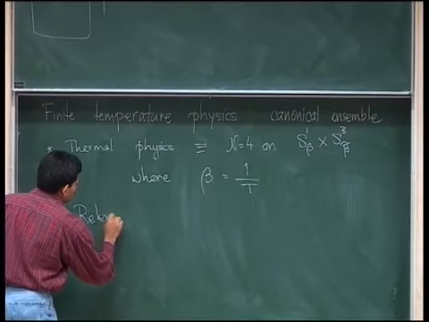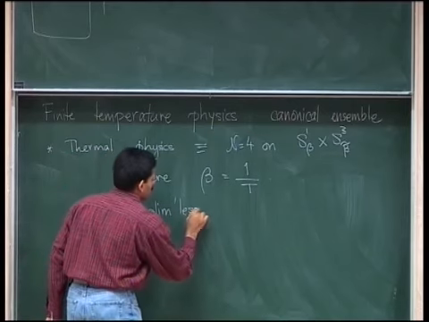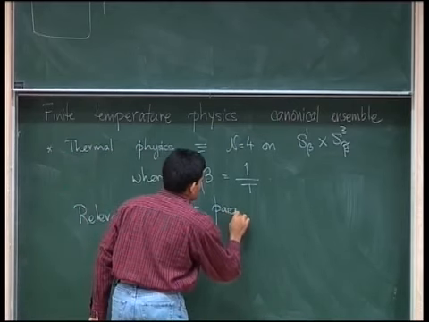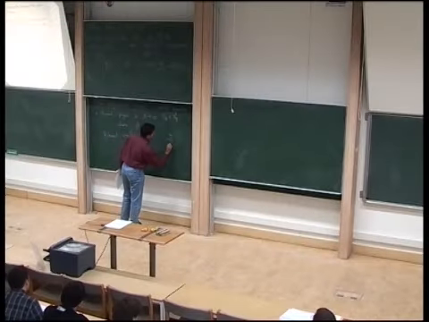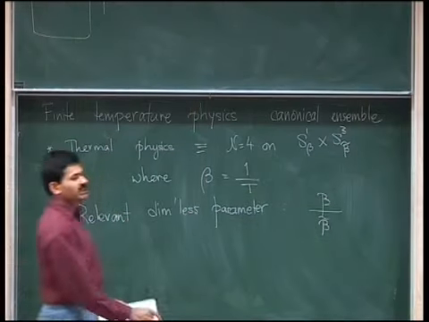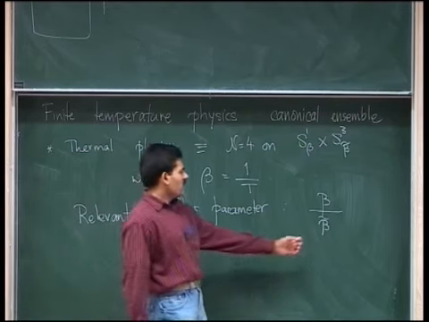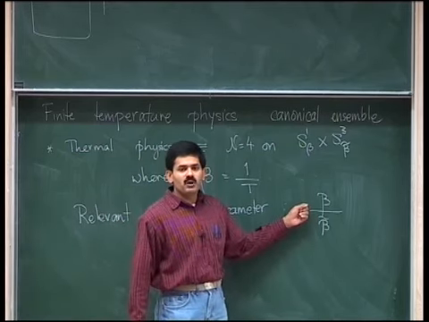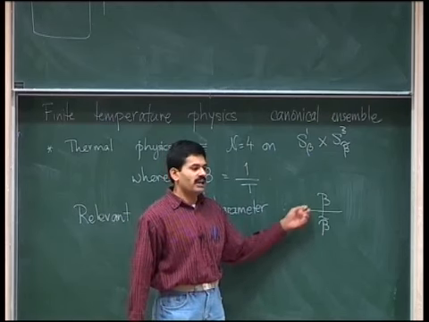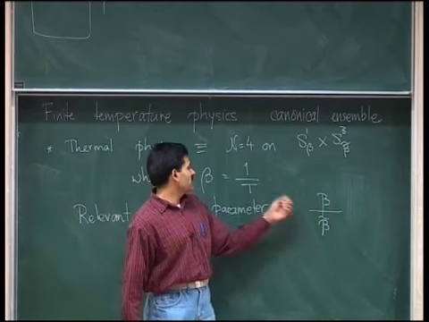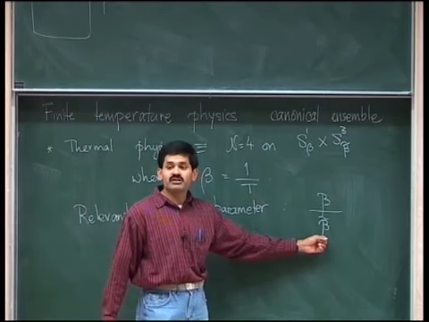So the relevant dimensionless parameter I can tune is a ratio of scales, beta over beta tilde. Now clearly small beta is the same as large beta tilde. I could either take small beta, i.e. high temperature, or scale up my 3 sphere.